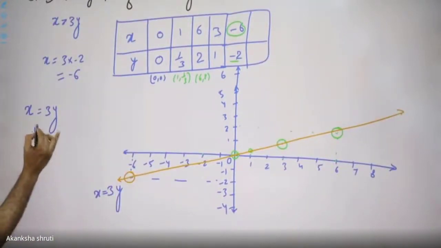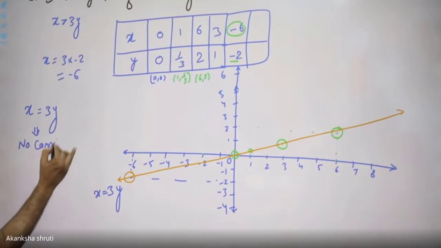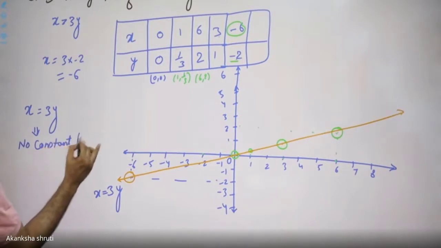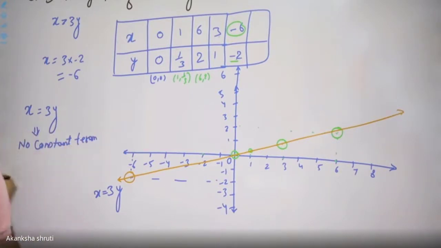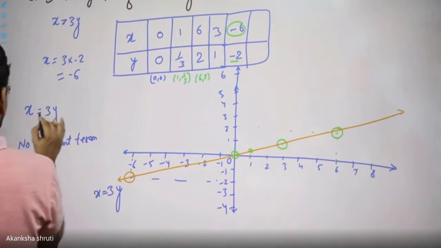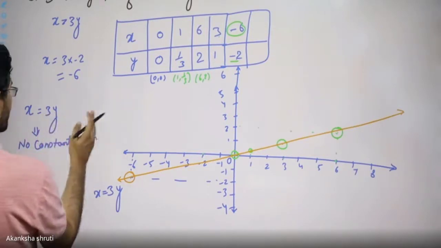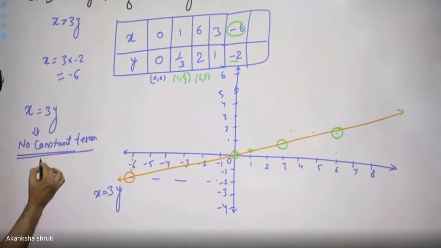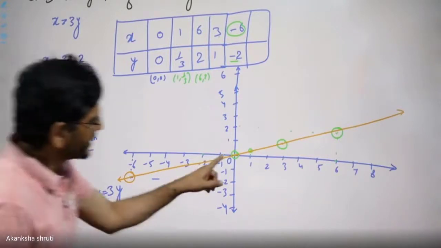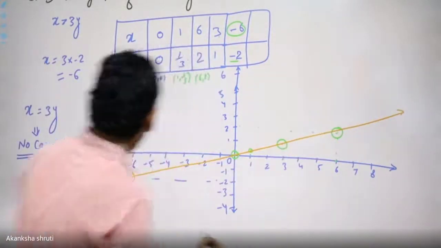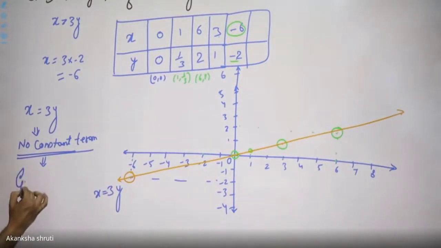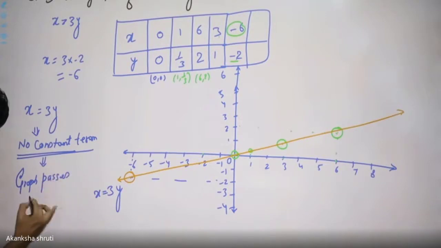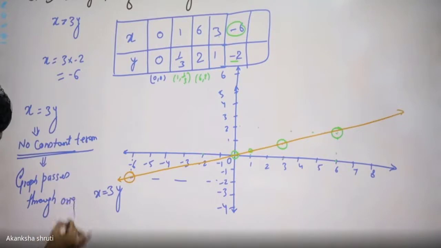In this case, there is no constant term, unlike earlier when we took 3x equals 2y plus 5 or plus 1 or something. So wherever there is no constant term, the line passes through the origin. It is an important one.